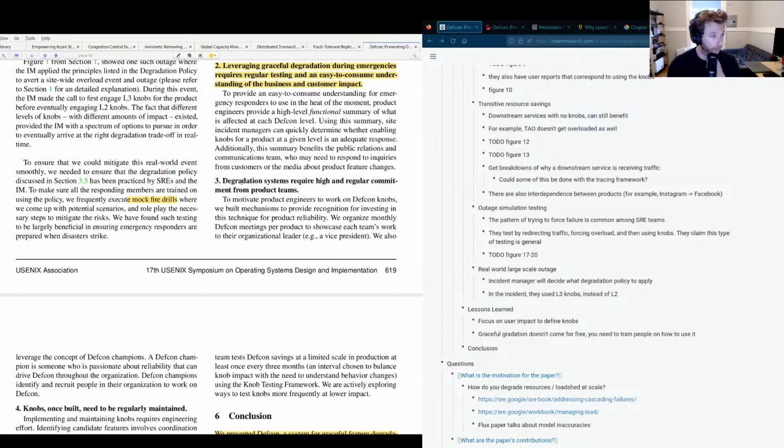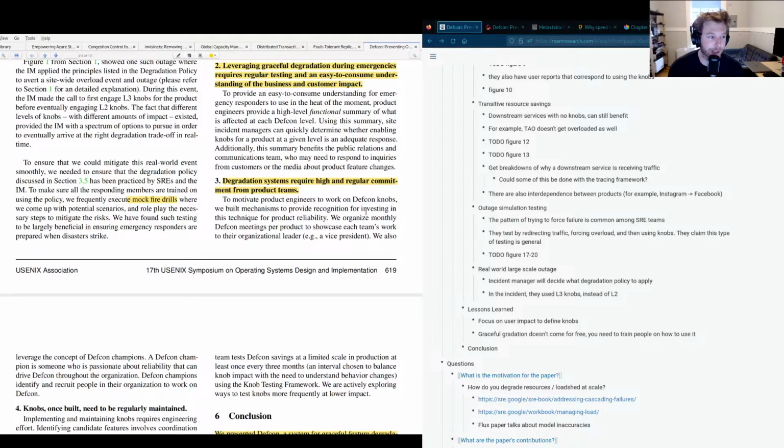Mm-hmm. Oh, interesting. Interesting. We're going to organize monthly Defcon meetings per product to showcase each team's work to their organizational leader. Very cool. Very smart. I've seen similar practices for driving other types of agreement in organizations.